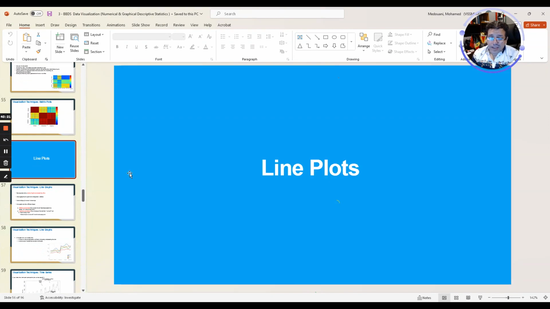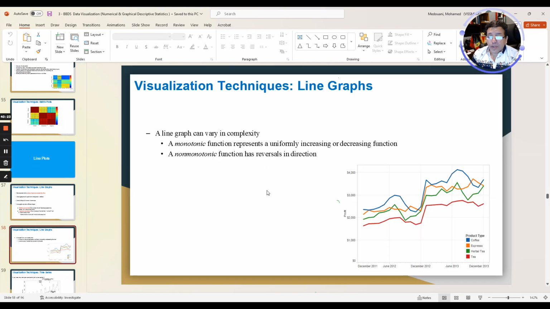Then line plot is used to connect the dots, and it's used for time series. Line plot helps you understand the behavior. I forgot the Arabic now. What is behavior in Arabic?